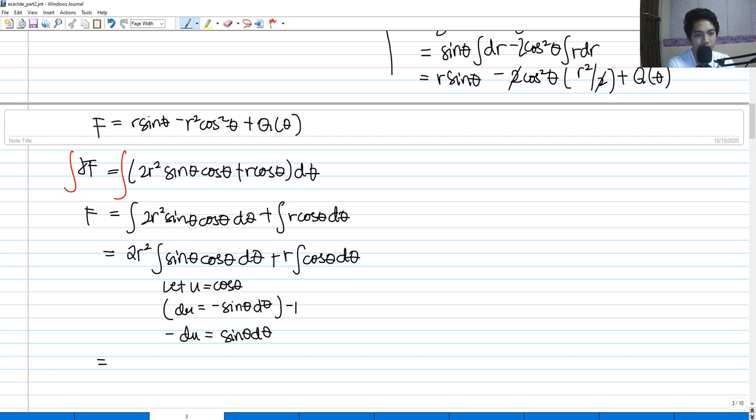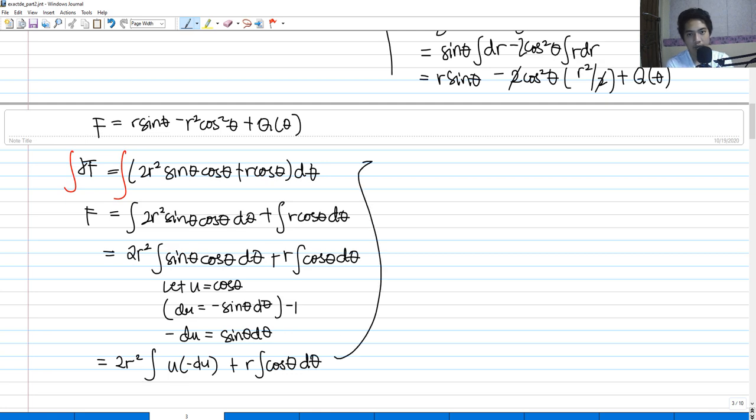By u substitution, we have 2r squared integral of u multiplied by negative du, because sine theta d theta is equal to negative du, plus r integral of cosine theta d theta. So how do we solve that?